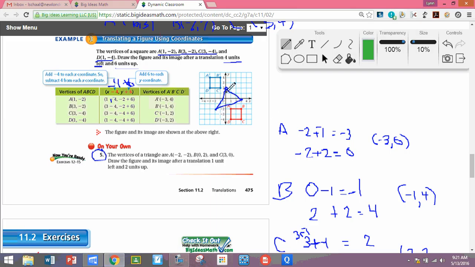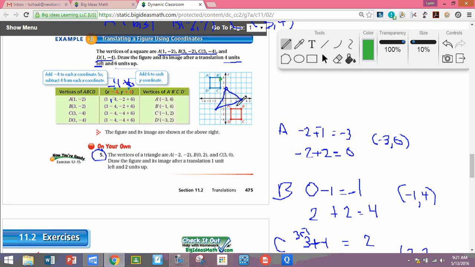Okay, and then my translation, you have to go left 4 and up 6. So left 4, 1, 2, 3, 4. Ooh, I think I'm reading the wrong one. I'm sorry, you have to go 1 left and 2 up. I was looking at the other one. That's not what I did. 1 left and 2 up ends up being right here, where that point B is.